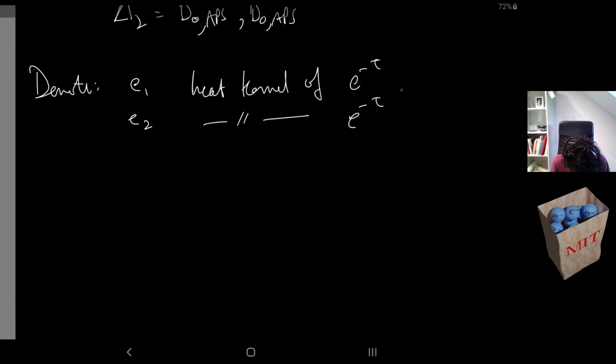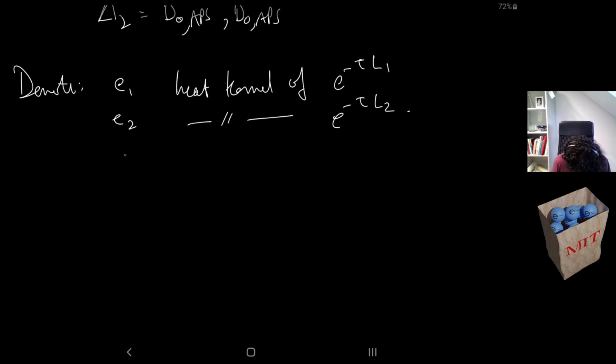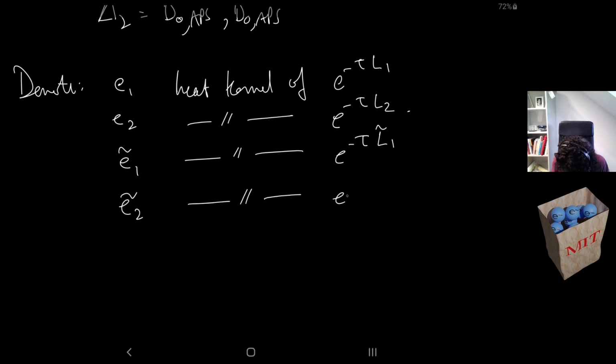So this is L1, L2. E1 tilde is e to the minus tau L1 tilde, and E2 tilde is e to the minus tau L2 tilde. Okay?